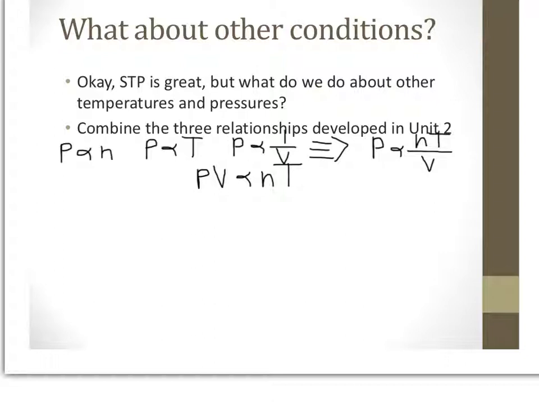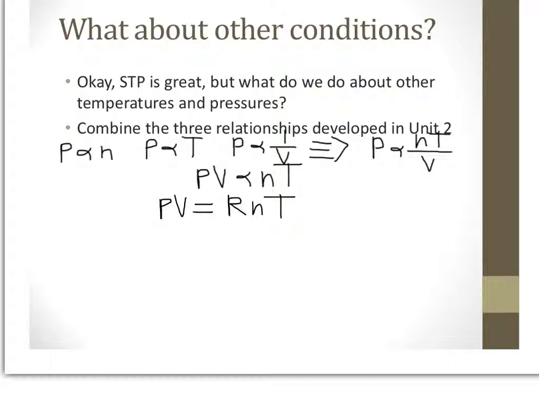Pressure times volume would be equal to some constant times number of particles and temperature. So we're going to try and figure out what that constant could be. In gases, we call this constant R.